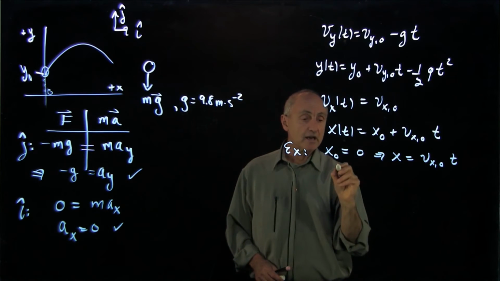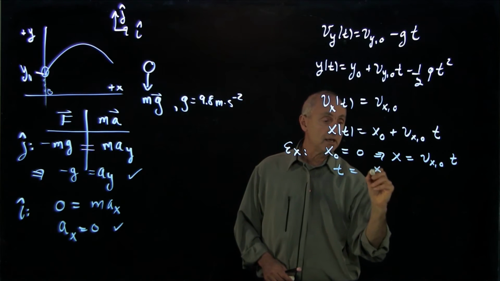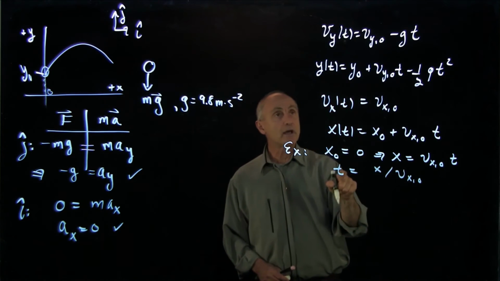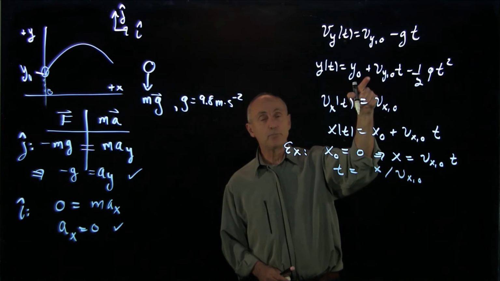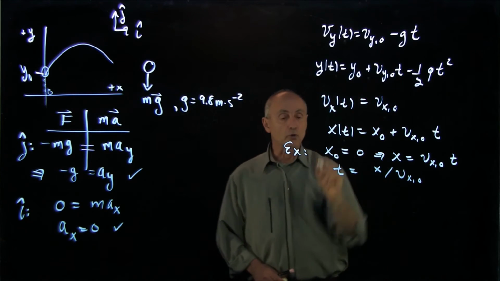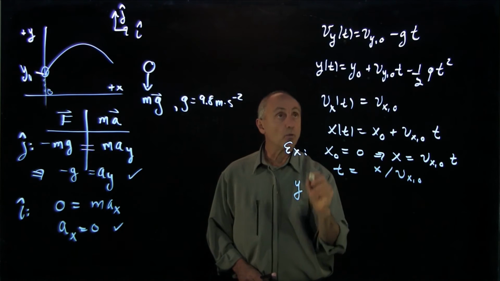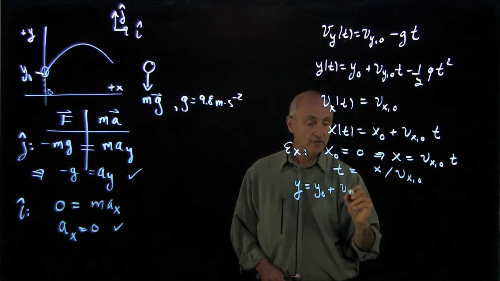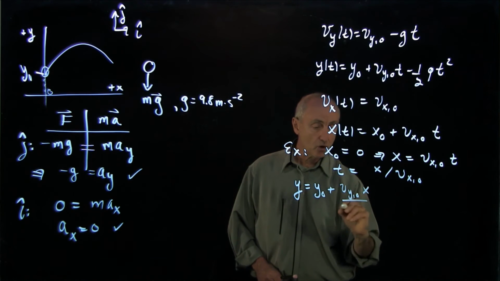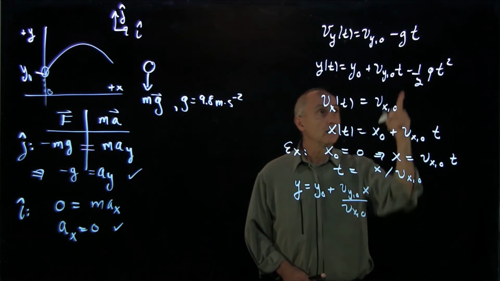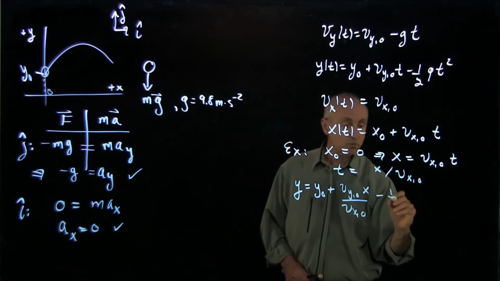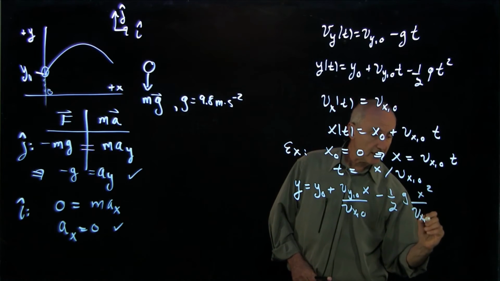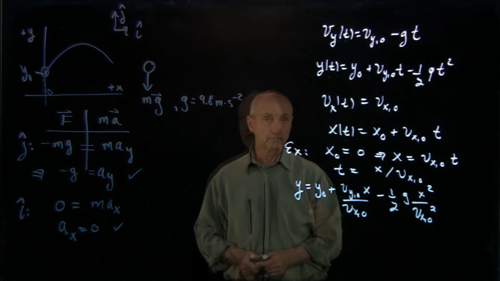And given this fact, that tells us that t is x divided by vx naught. And now I can take this value of t and put it into our vertical equation. And I get y is some initial value plus vy naught x over vx naught, substituting for t, minus 1/2 g x squared over vx naught squared.